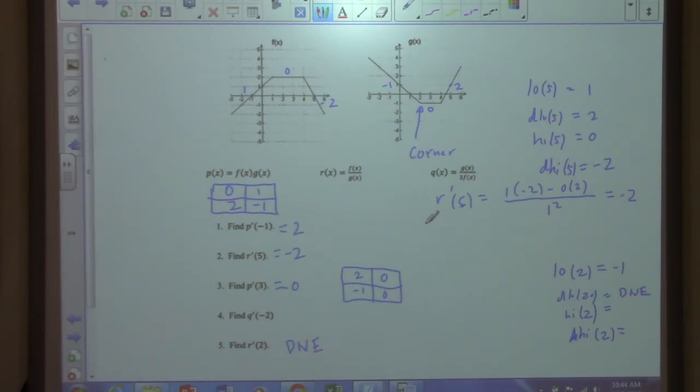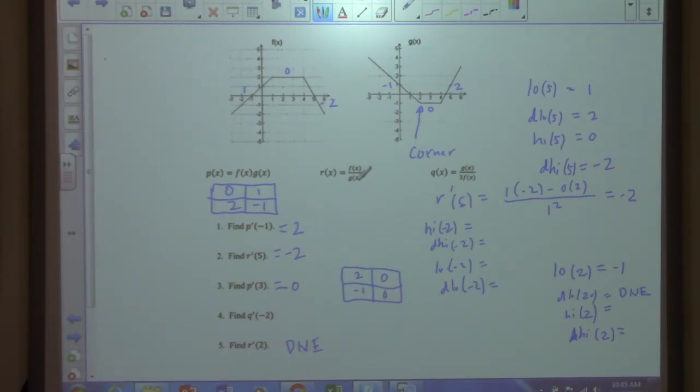We have high, d high, of -2, low of -2, and d low of -2. What are these going to be? G is the high in this case.